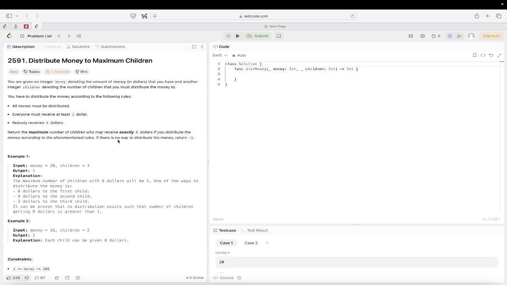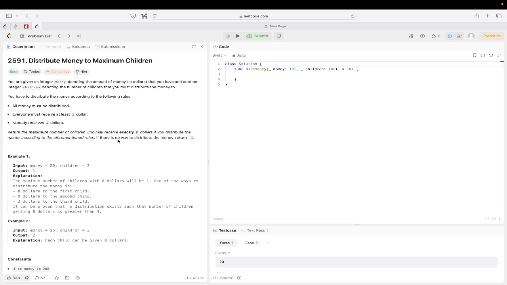Okay, that was a lot of words. So we must distribute all the money. Everyone has to get at least $1.